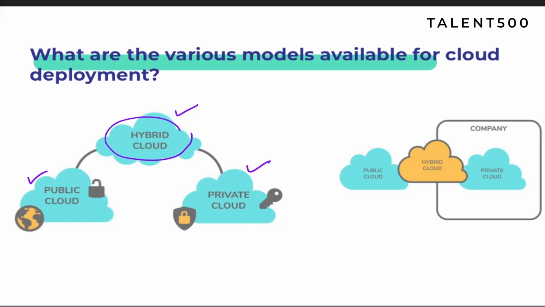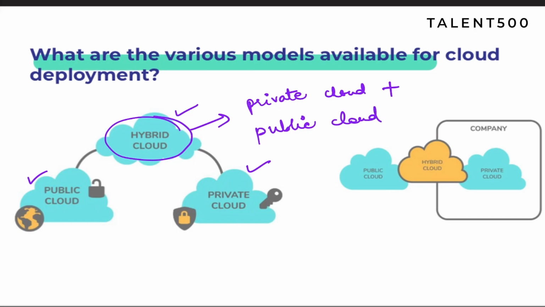Now, when you talk about the hybrid cloud, since hybrid says combination of one or two, what is going to be the hybrid cloud? This is going to be the combination of your private cloud and your public cloud.